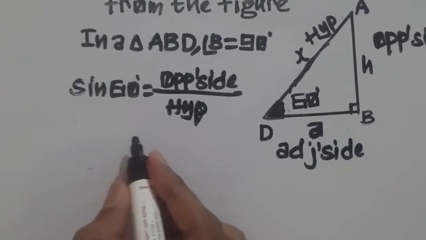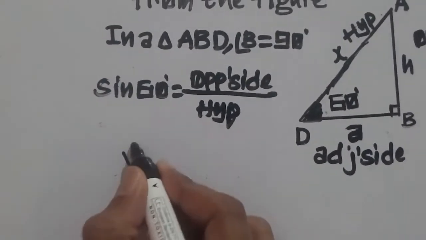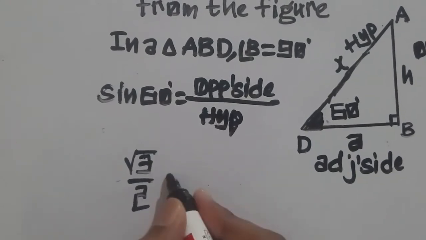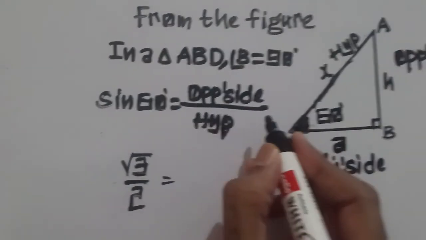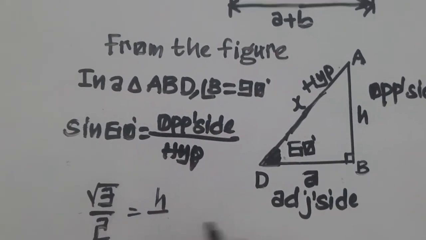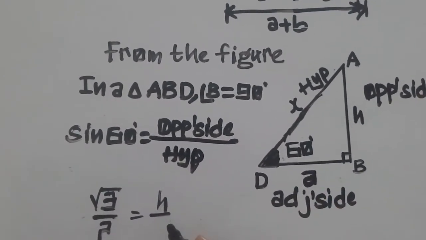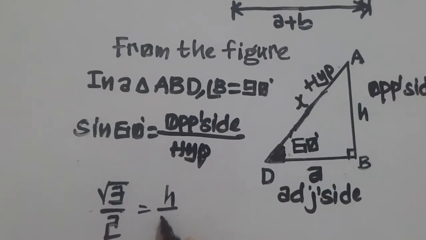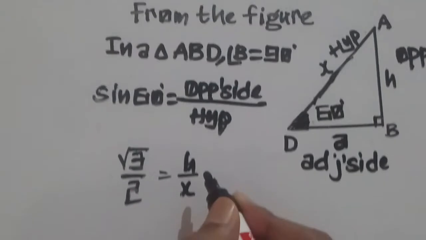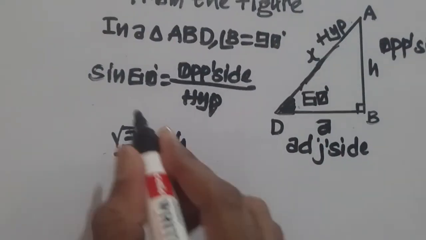Now sin 60 degrees is equal to root 3 by 2, which is equal to the opposite side. The opposite side is H, and the hypotenuse is X. We got the H value. Now we will find the X value. To find the X value we are taking sin.